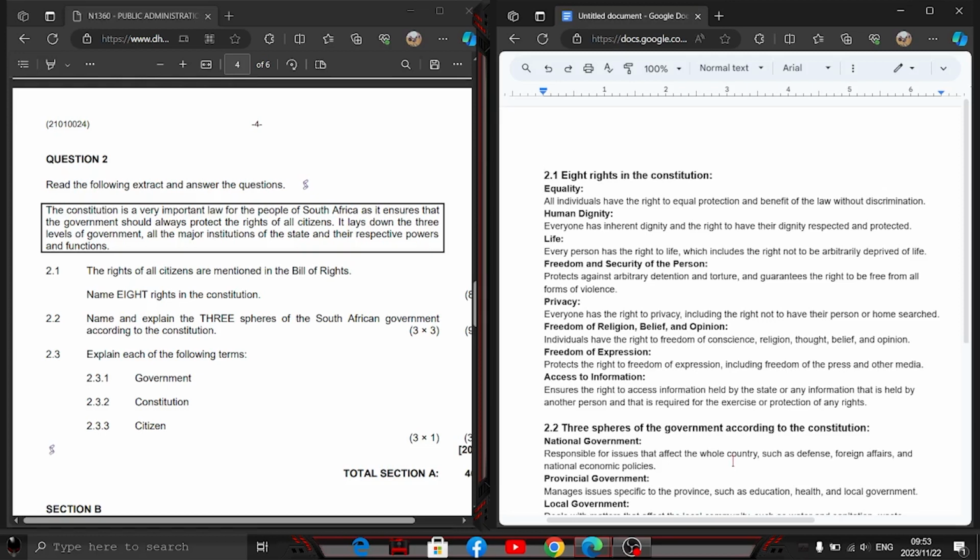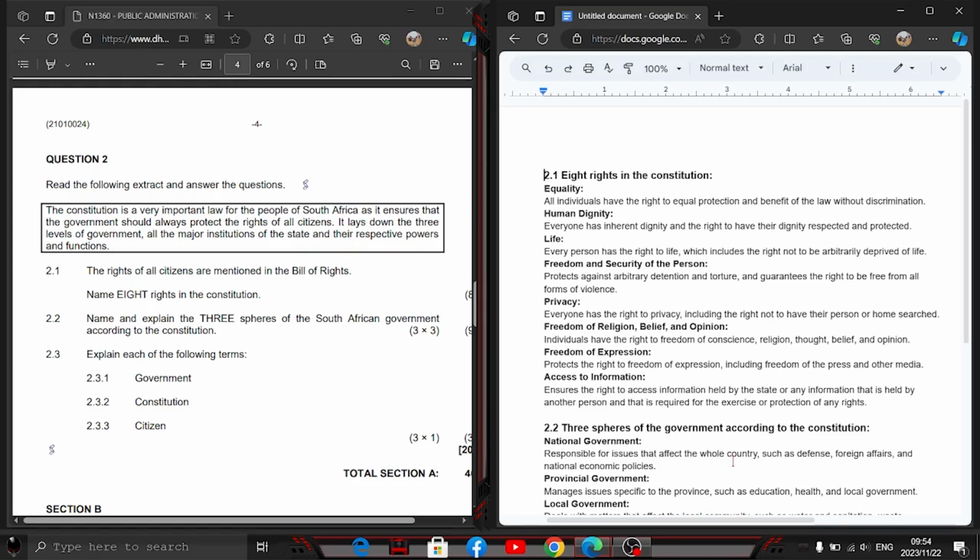It states that everyone has inherent dignity and the right to have their dignity respected and protected. Dignity basically means, just an example, if I am in public, you have no right to strip off my clothes and expose me to the public. You understand? You have no right to do that. Doing so means you are violating my human dignity right.